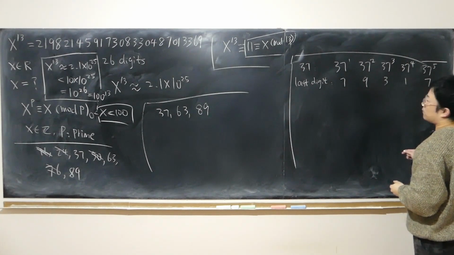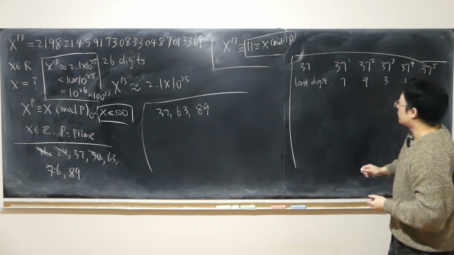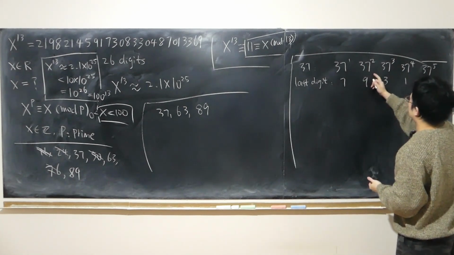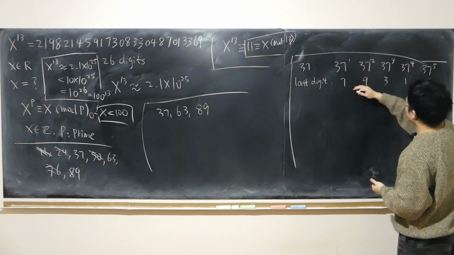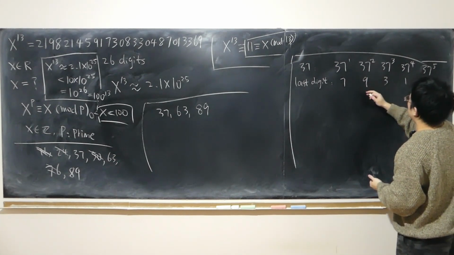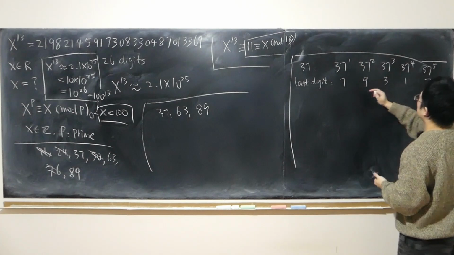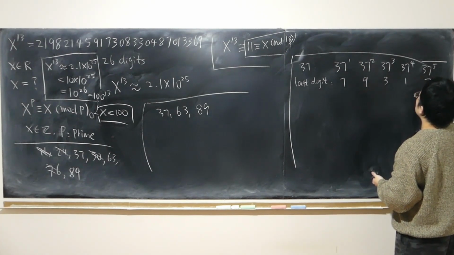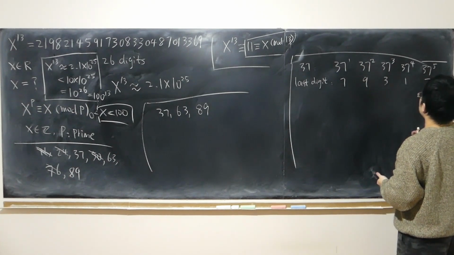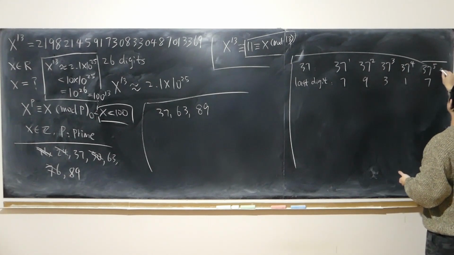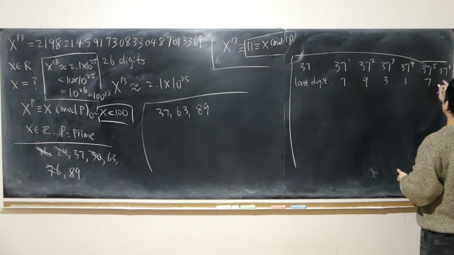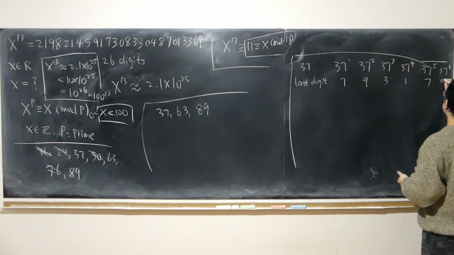So the last digit is 9 only if it's raised to the power of 2. The next cycle would be powers 3, 4, 5, 6. If raised to the power of 6, again the last digit is 9.